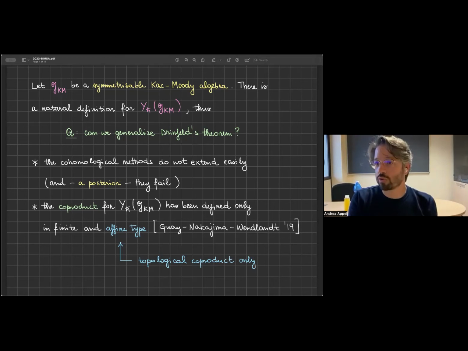So in particular, this also means that even in affine type, their construction works for every algebra except those of rank 1, which are exactly SL2 affine, which correspond indeed to 2 by 2 Cartan matrices with determinant equal to 0. So those two cases, for example, are excluded by the construction of Guay, Nakajima, and Pentland.